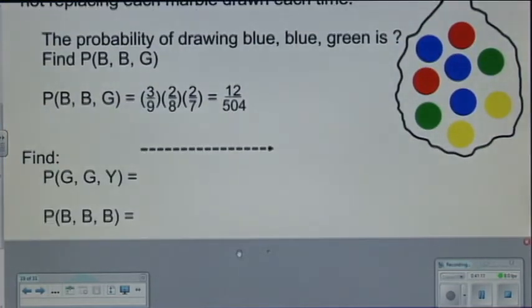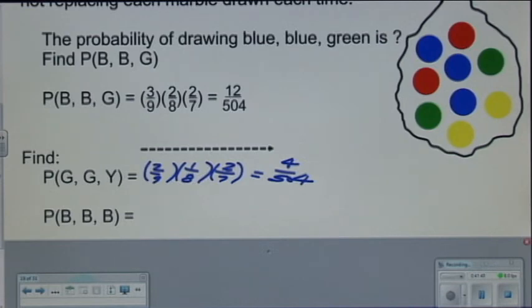How about green, green, yellow? All right. The probability of pulling a green one in the first event will be 2 out of 9. The probability of pulling a green one in the second event is 1 out of 8. The probability of pulling a yellow one in the third event is 2 out of 7. And the answer here will be 4 ways out of 504.